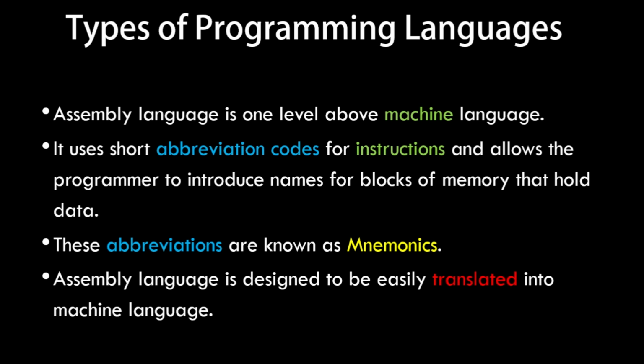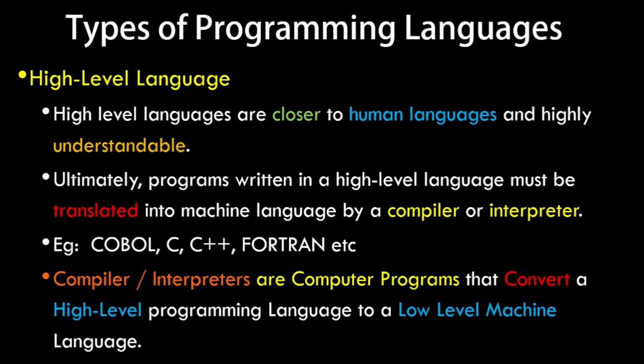So it uses short codes or abbreviations, as I said, for instructions and allows programmers to introduce names for blocks of memory. We won't be actually using them, so this is just a basic explanation about what assembly language is. And these languages are designed to be easily translated into machine language, because ultimately a computer device only understands machine language.